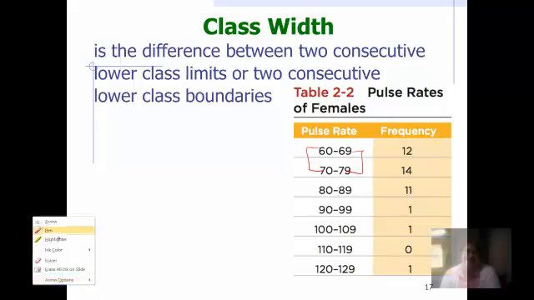It is not from the lower class limit to the upper class limit. So it's not 9, it's the 10 that we find either from lower class limit to lower class limit, or the 10 that we find from upper class limit to upper class limit.